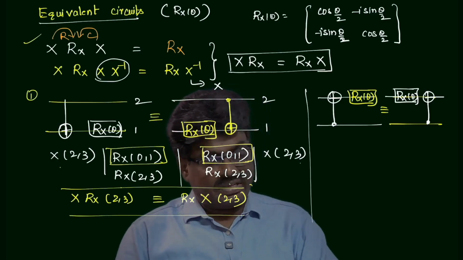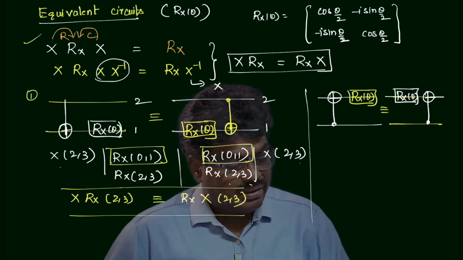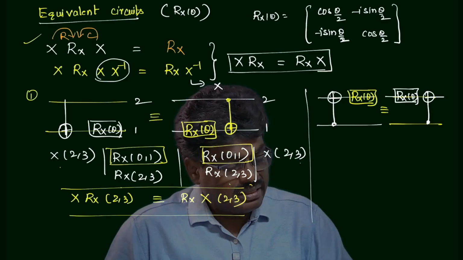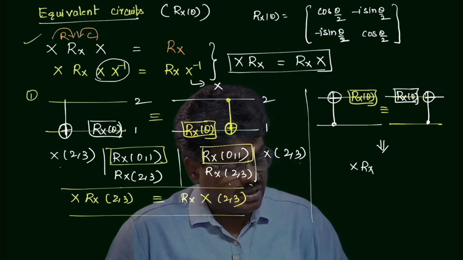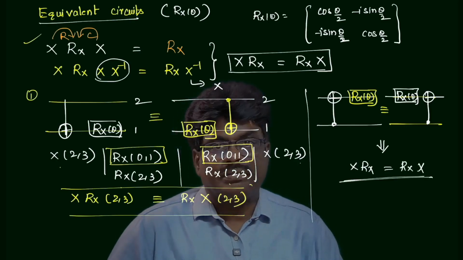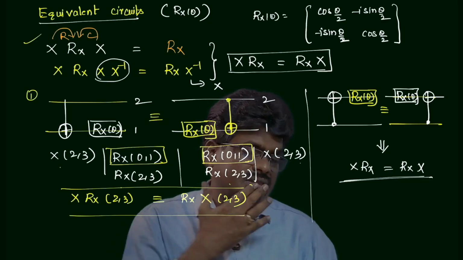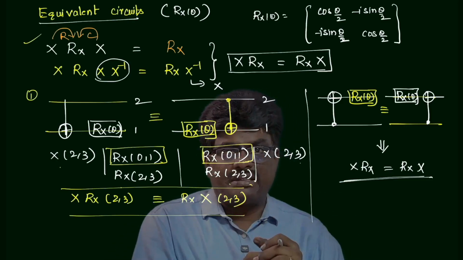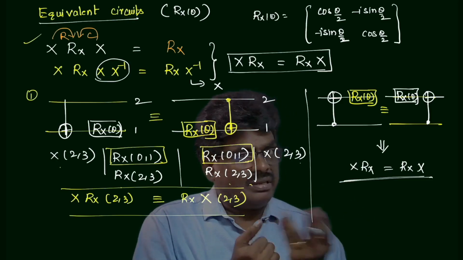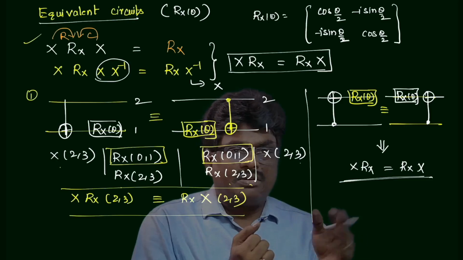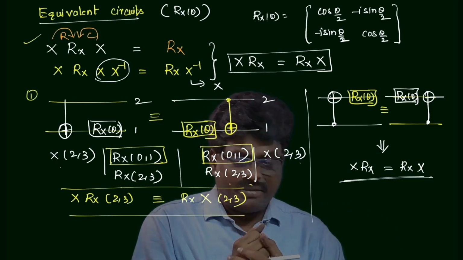If you want, you can check this one also. Finally this is because of the property that x into Rx commutes, that means equals Rx into x. It's not surprising, Rx means rotation about the x-axis. Now y Ry equals Ry y, yes, z Rz equals Rz z, obviously.